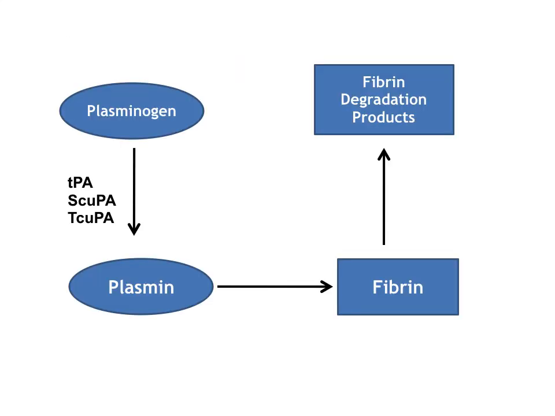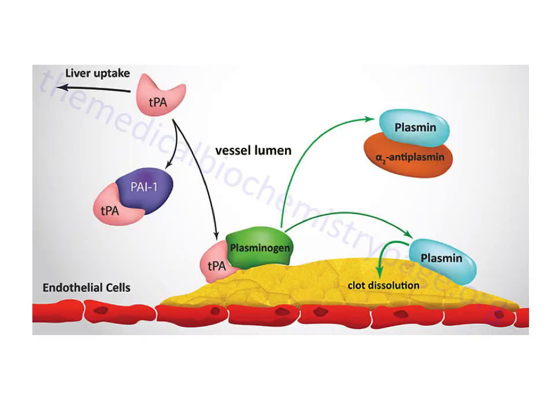So this is a schematic diagram that summarizes what I have been talking about a while ago. We have here the plasminogen, which is acted upon by these different activators, converting it into plasmin, and now the plasmin will act on fibrin, which will be degraded into smaller fragments, which we call the FDPs or the fibrin degradation products.